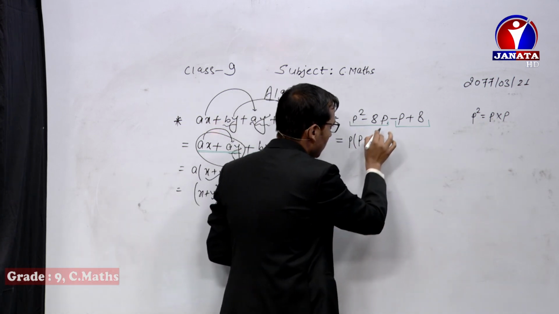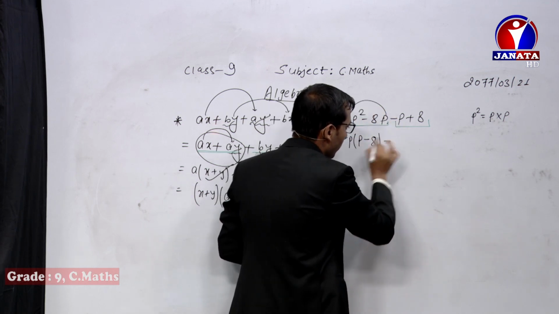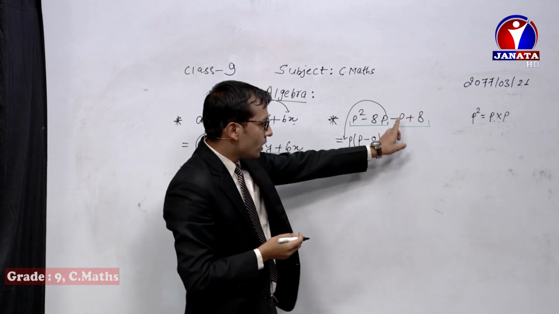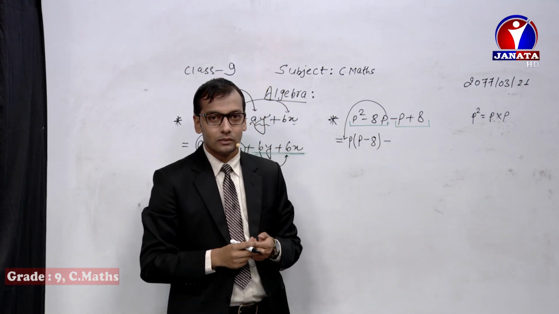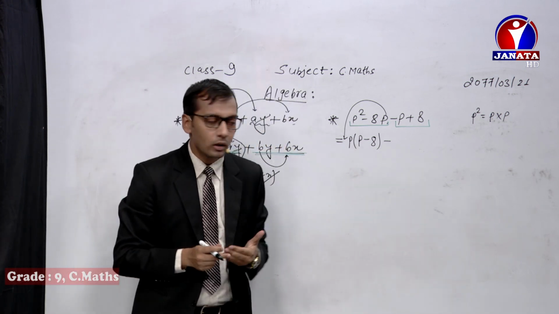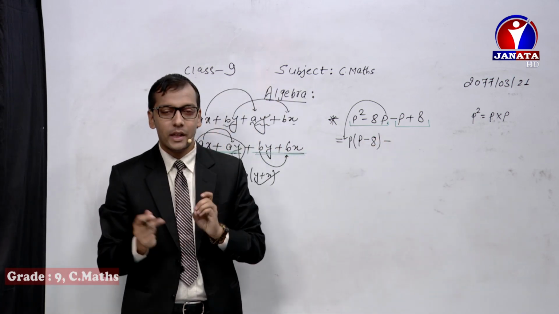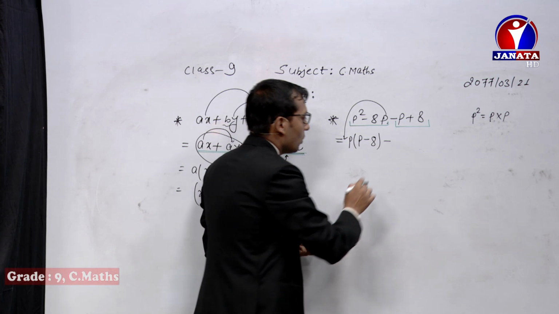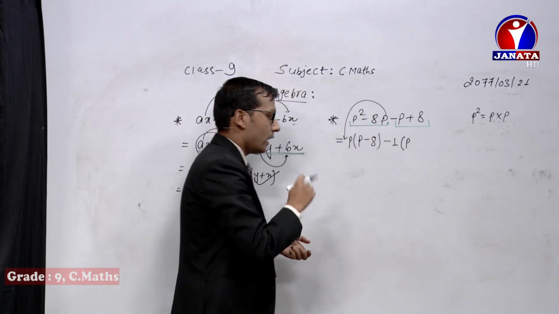Now minus p is common, so what is left? 8, from minus p and plus 8. What is common? There is no number or letter common between minus p and plus 8. So obviously 1 is the common factor. So we can take 1 as common factor and p is left.